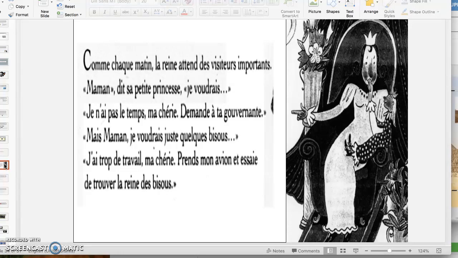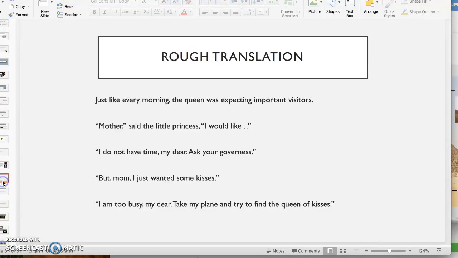And I want you to not skip ahead to the next slide and cheat, but I want you to read it and spend a good couple of minutes trying to figure out what this text is telling you. And when you are done, I want you first to note all of the behaviors that you use to try to comprehend this text. Then go ahead and read the rough translation.